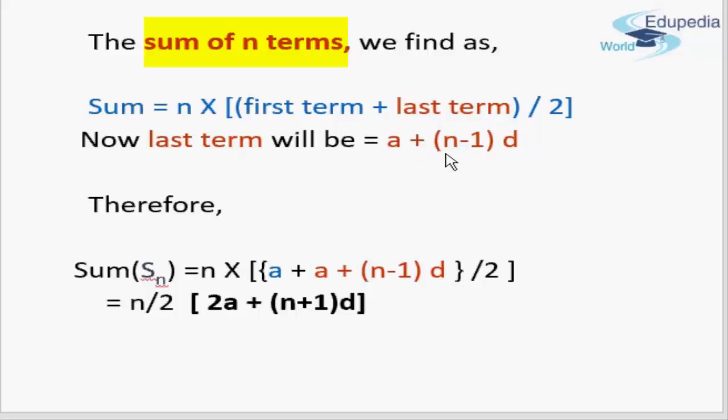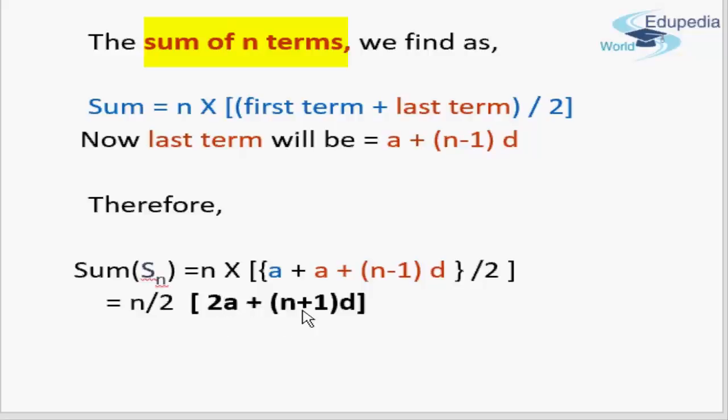Just plug in the index of the last value in n, and then you can find out what the last term is, and then you divide the sum by 2 and then you can multiply it by n. This is how we find out the sum of the n terms, and we just plug in this value, we do our calculations, and we get this answer in the end, that the sum of the n terms would be n divided by 2 multiplied by 2a plus (n minus 1) into d.